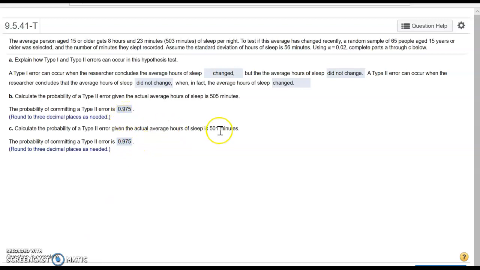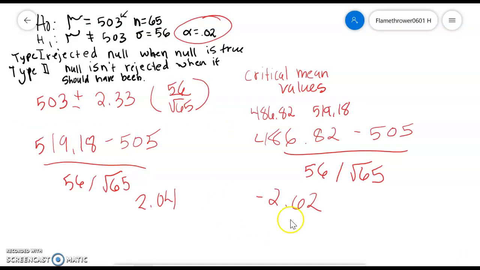Now instead of 505 minutes, let's calculate the probability of a type 2 error given the actual hours of sleep is 501 minutes. If we go back to our whiteboard, we would erase this 505 and change it to 501 for both of these. Everything else will stay the same, and then we will put that into our calculator. I'm going to pause it and double check my numbers.